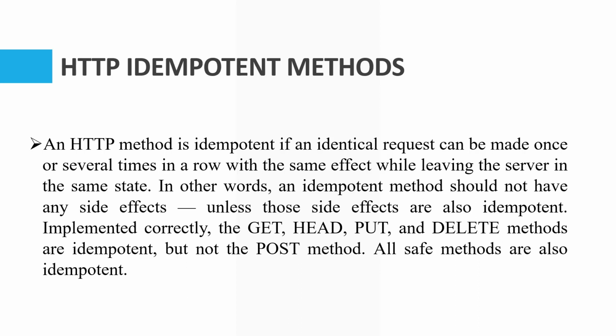To be idempotent, only the actual backend state of the server is considered. The status code returned by each request may differ. The first call of a DELETE will likely return a 200, while successive ones will likely return a 404.